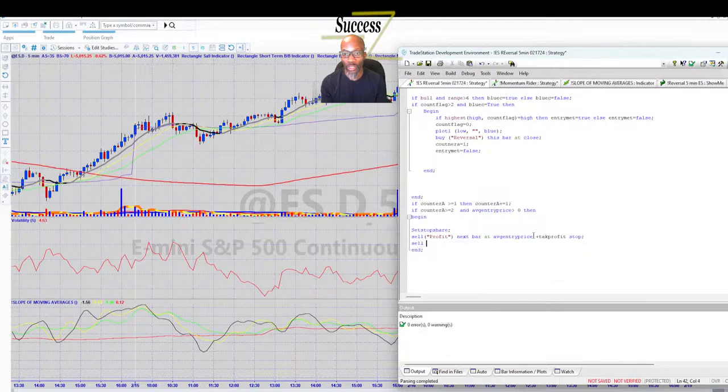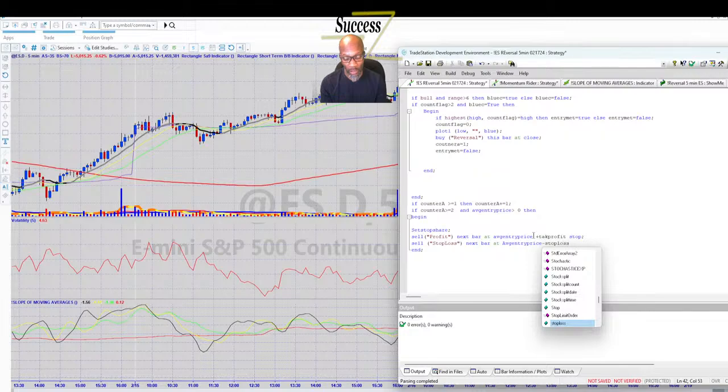And also, sell is going to be our stop loss. Next bar at average entry price minus stop loss. Stop. Okay.